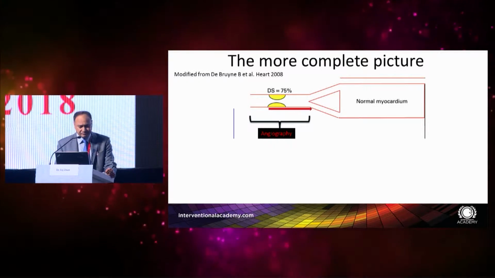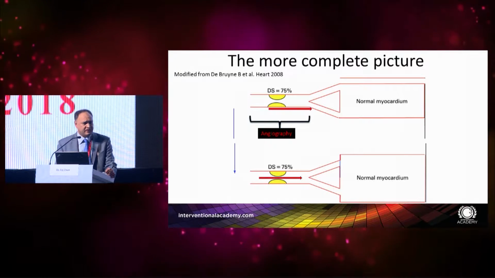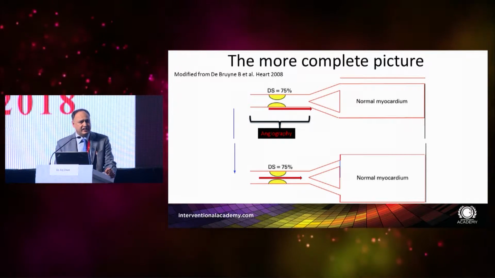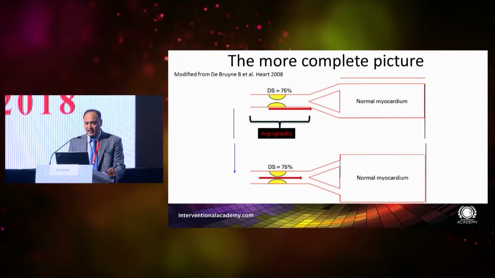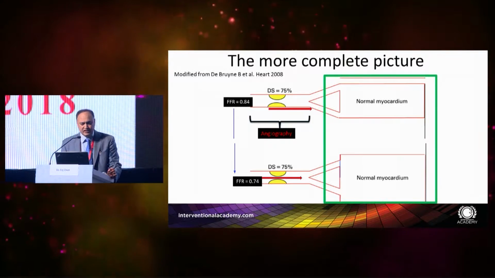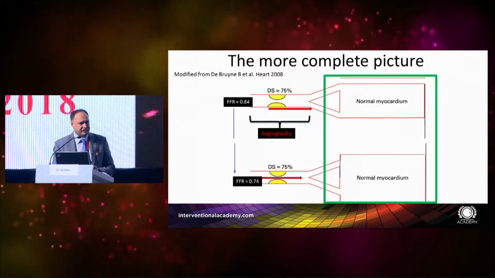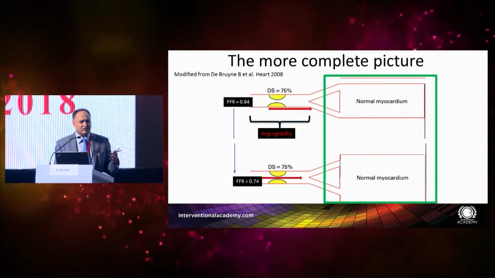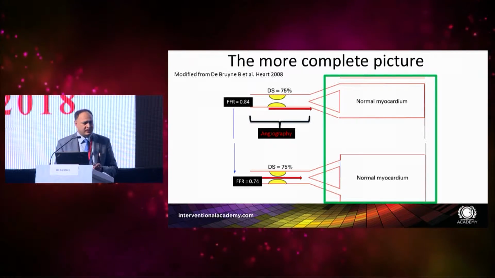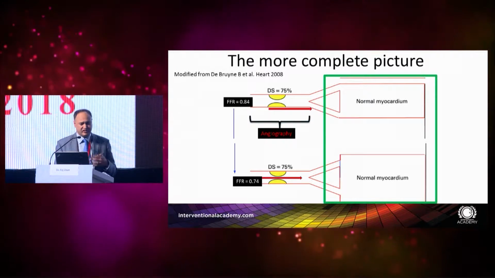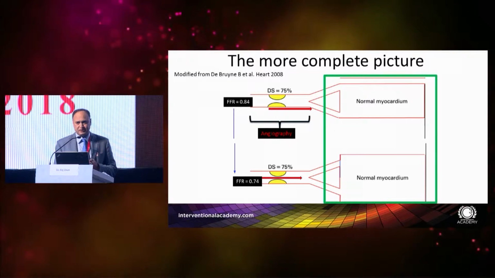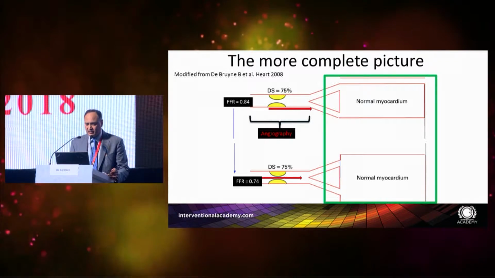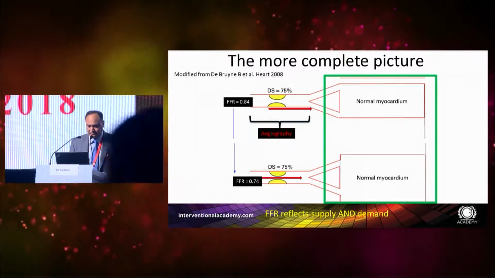The same degree of stenosis in an LAD that supplies a large amount of myocardium will give a significantly different FFR value. So FFR takes into account not only the degree of stenosis, but also the length of the stenosis and the amount of subtended myocardium, and gives you a much better picture in identifying the correct problem that you should be treating.